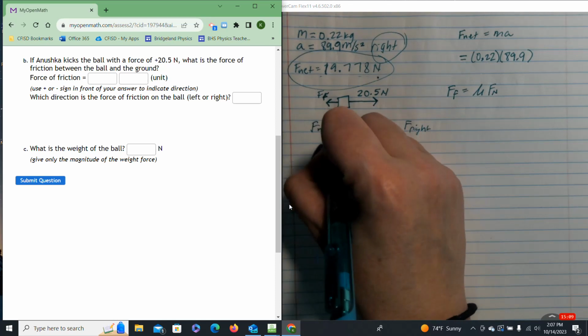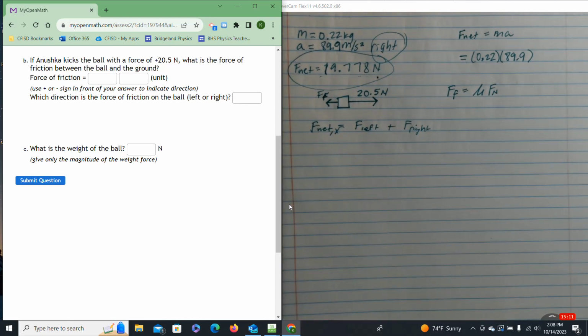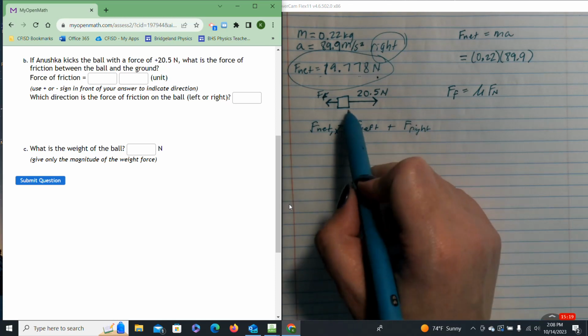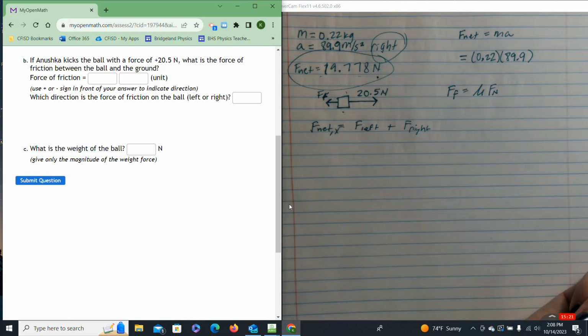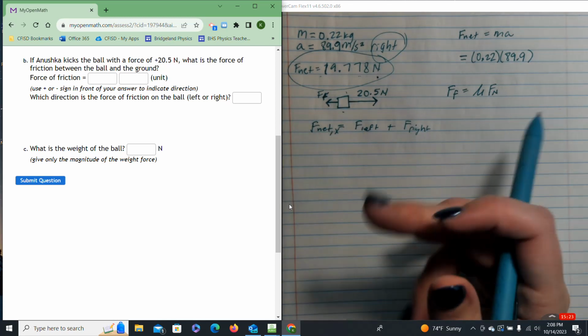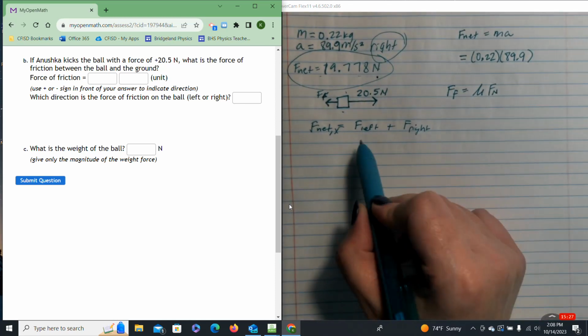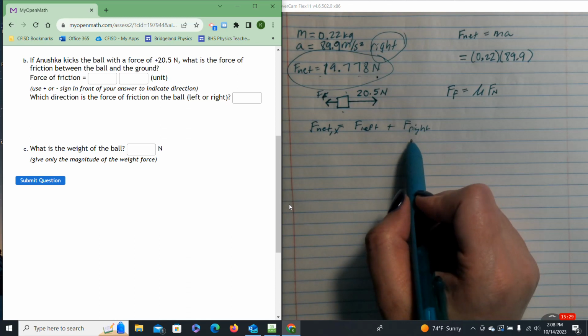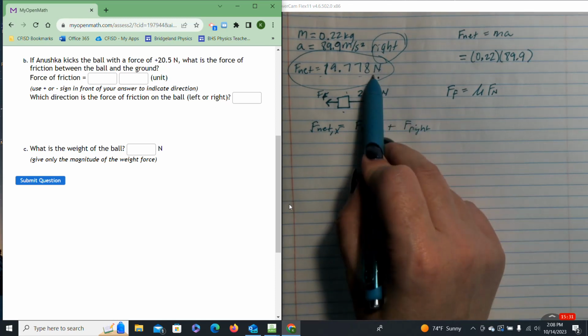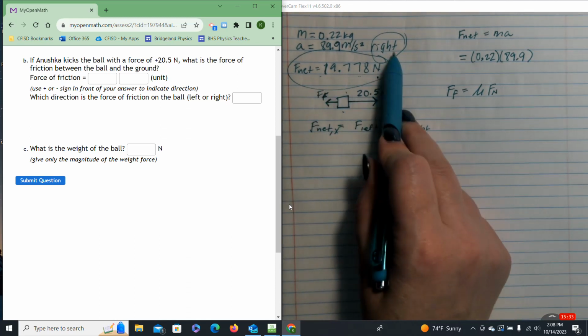Right now I'm only looking at the x direction because I don't have any forces to consider in the y, at least none that matter. Again, we have a ball moving along the ground. I do actually have forces, but they're going to be equal and opposite because all of my acceleration is happening in the horizontal direction. So this is all I care about. Okay, so I know my net force is 19.778 newtons to the right.